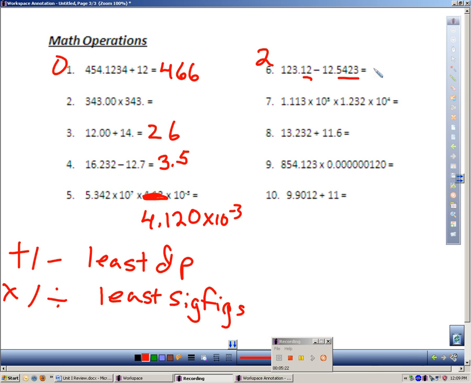I got 110.585. Okay, so that rounds to 110.58. All right, so you've got to get the gist of adding and subtracting, looking at our decimal places.